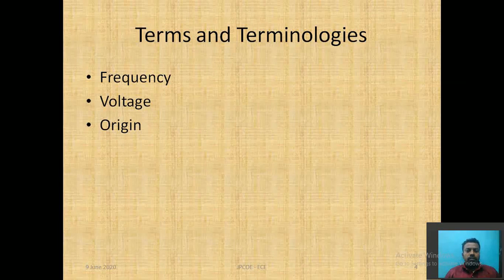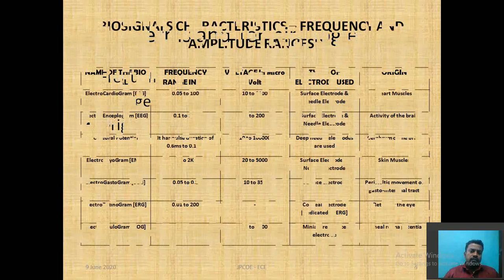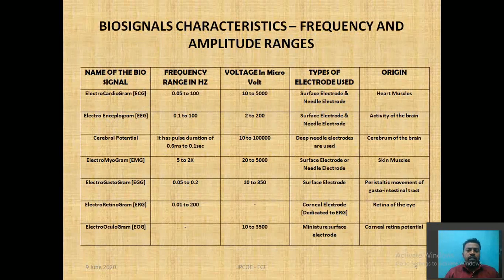Then the origin of biosignals: where the biosignal is generated, that is, from the cell. According to the different types of biosignal, the origin is different. So these are the biosignal characteristics and frequency and amplitude ranges.